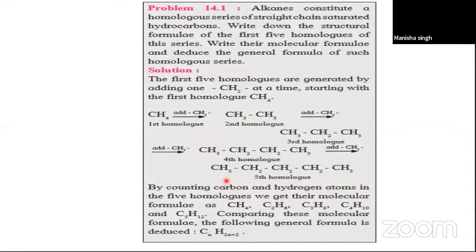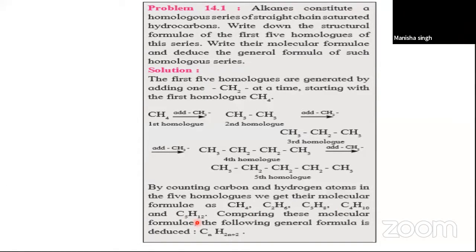You have to count the number of carbon and hydrogen and write in condensed form. The first one is CH4. The second one is 2 carbon, 6 hydrogen, so C2H6. The third one is C3H8. The fourth one is C4H10. And the fifth one is C5H12.